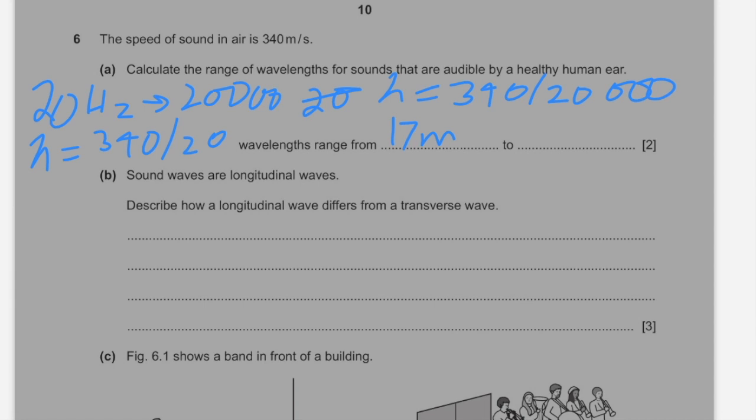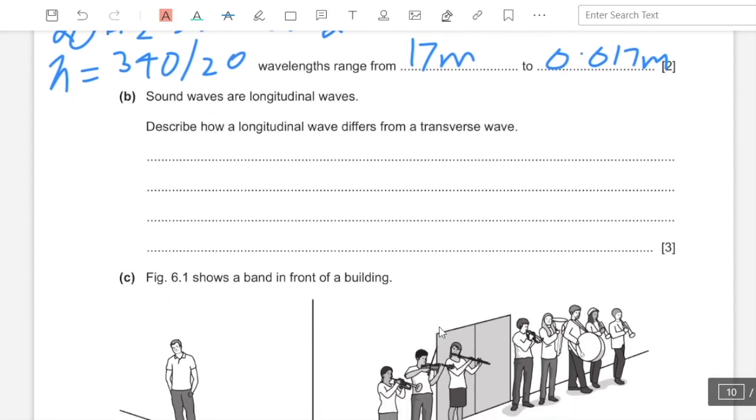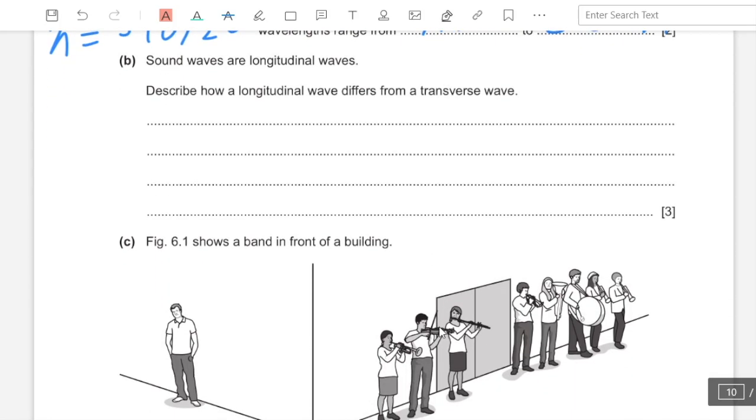The highest audible frequency gives a wavelength of 0.017 meters. These sound waves are longitudinal waves. Describe how longitudinal waves differ from a transverse wave.